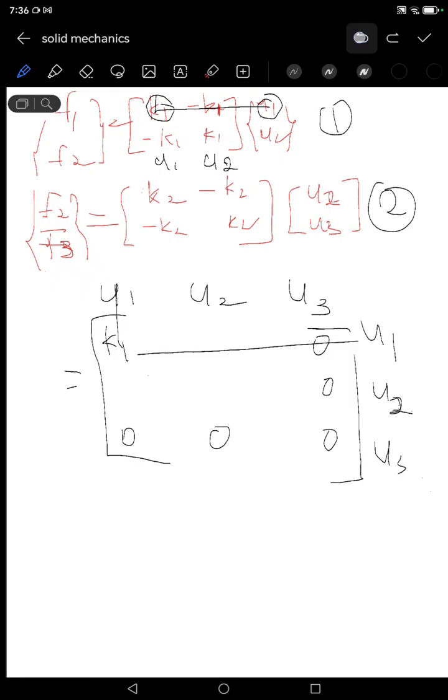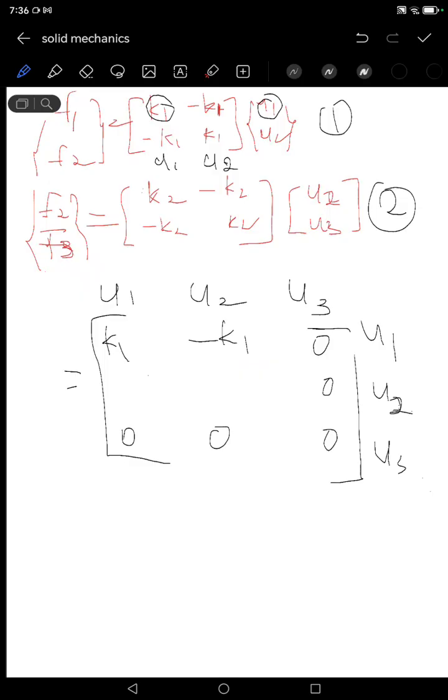Then u1 and u2: this is our u1 and u2 is here, so u1, u2 is negative k1.